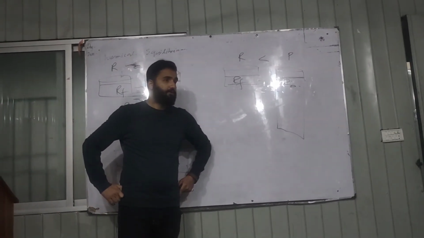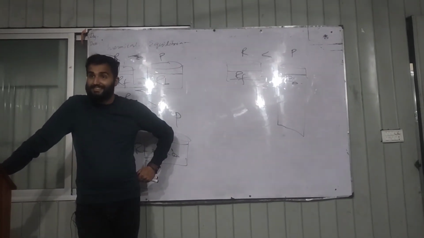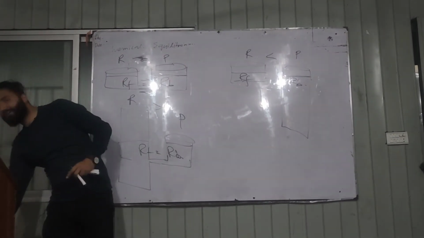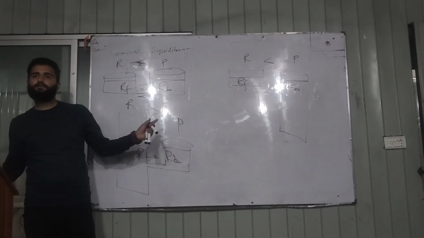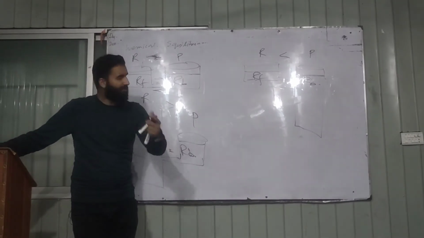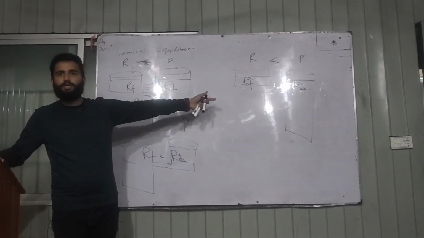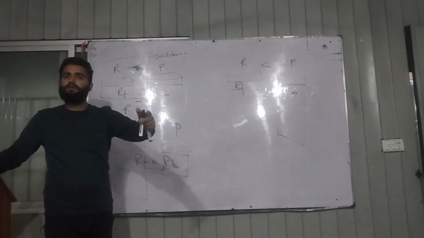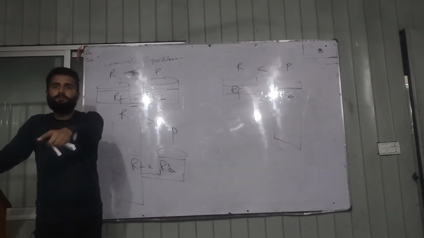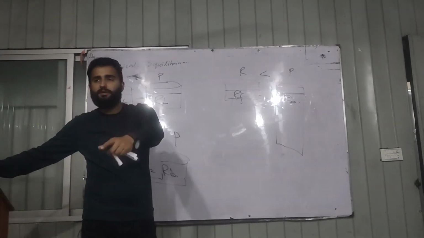So from this state you can say that equilibrium has been established. Clear? If you have any doubt? No, sir. So whenever you have to define chemical equilibrium, you can say that whenever the rate of reverse reaction becomes equal to the rate of forward reaction, the system has adopted the state of chemical equilibrium.